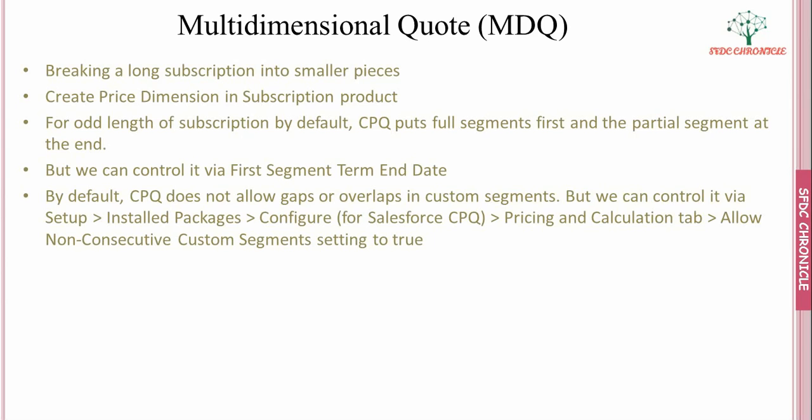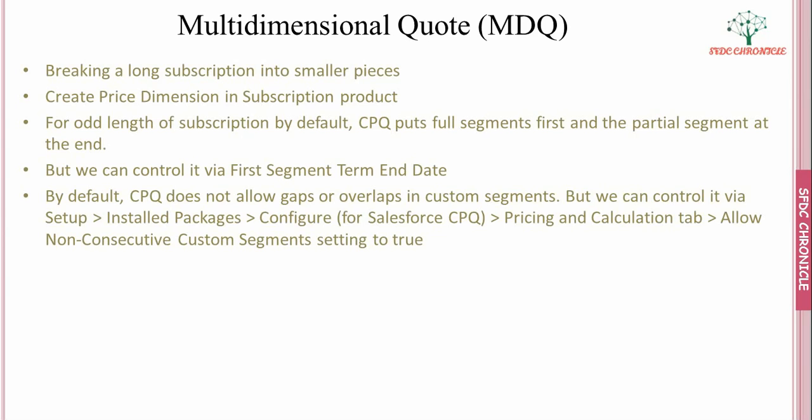In MDQ, to set a subscription product as an MDQ product, you need to create a price dimension there. The second thing is if there is an odd subscription, like it started from 10th of January and ends on 31st December 2022, then the full segment will come first by default, and then you can change the partial.